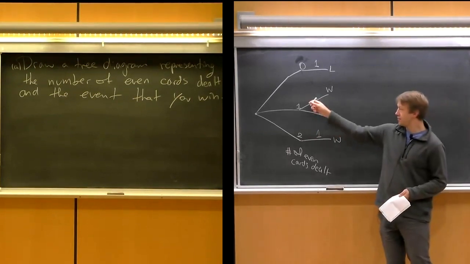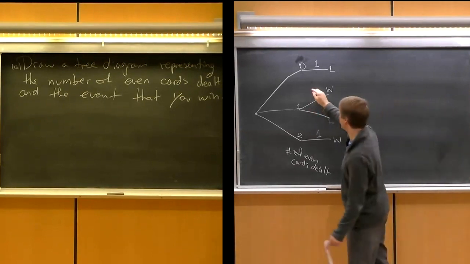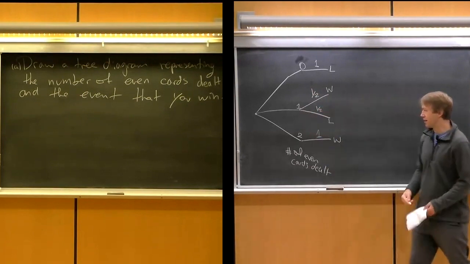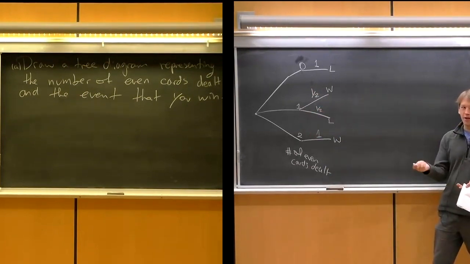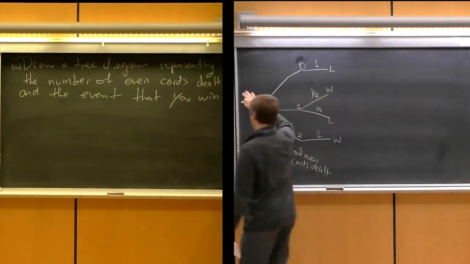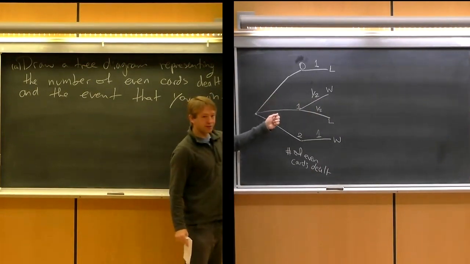What should I label these two branches? Yeah, 50%. So if there's one even card, half the time you're going to win, half the time you're going to lose, right? Assuming you're not psychic and you don't know which one's correct. So the hard part is determining how to label these three branches.